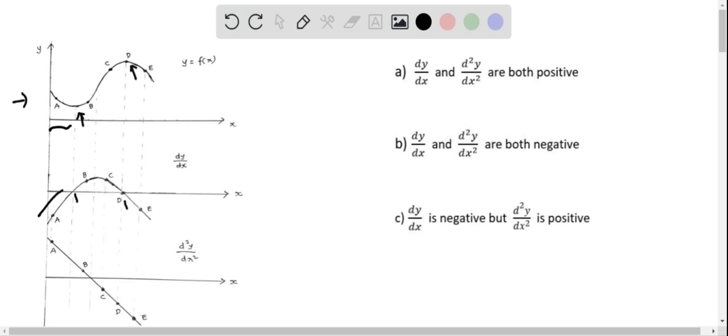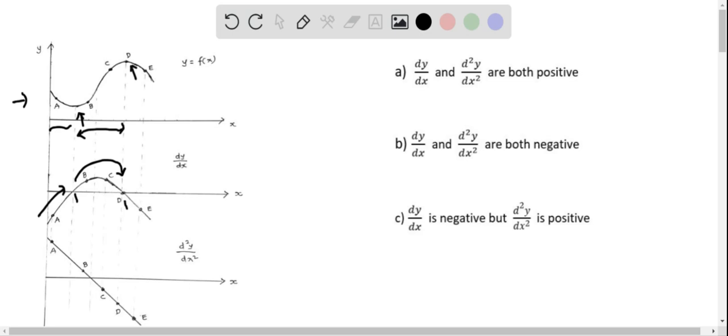From this point to this interval the graph of the first derivative is negative, and similarly from this interval to this interval the slope is positive. So that is why I have drawn it like this, and after which the slope is still negative. So I have drawn it like this.